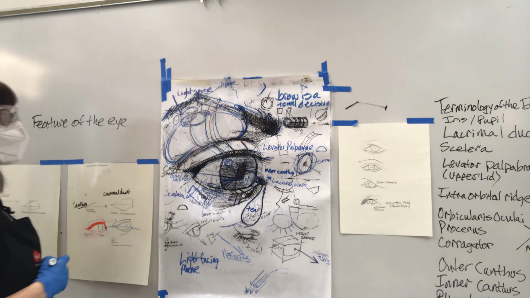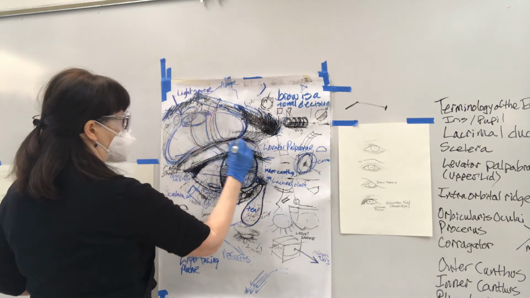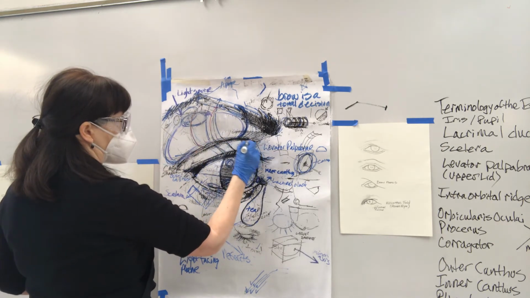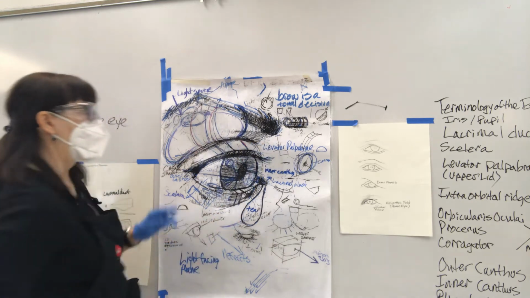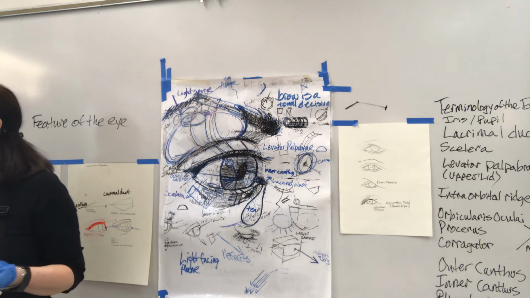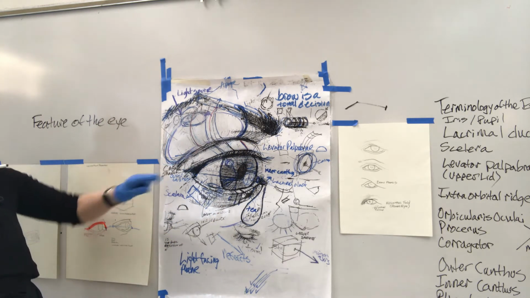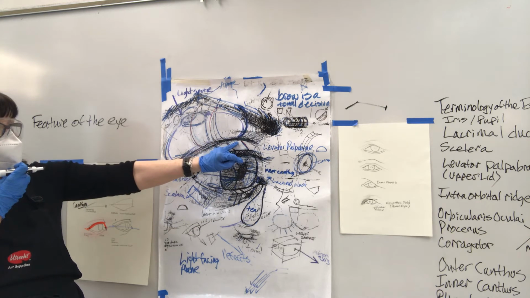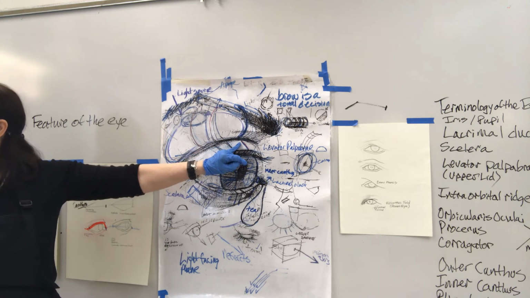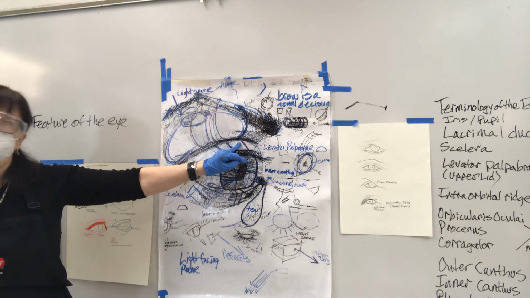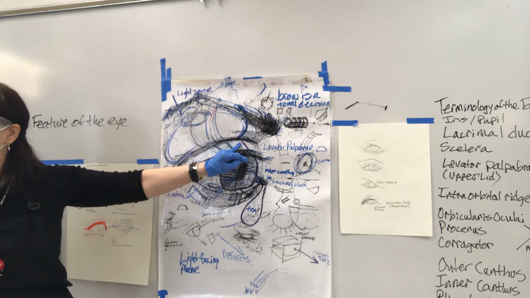Okay, so this back crease of the eye itself, this is where we'll see a darker value. For us doing any kind of value work, this is an area that we would judiciously apply a dark accent. That's where we want to put the emphasis.